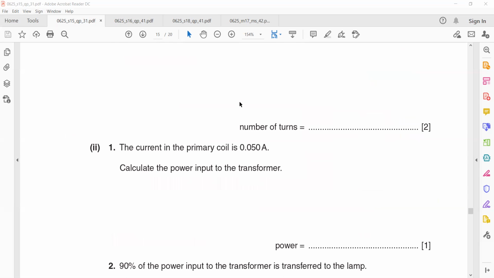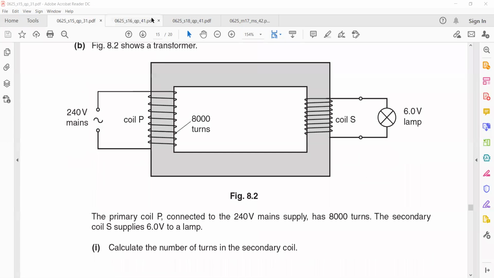The current in the primary is 0.05 ampere. Calculate the power input. So how to calculate the power input? The current is 0.05. What is the power input? Power is the product of voltage and current.